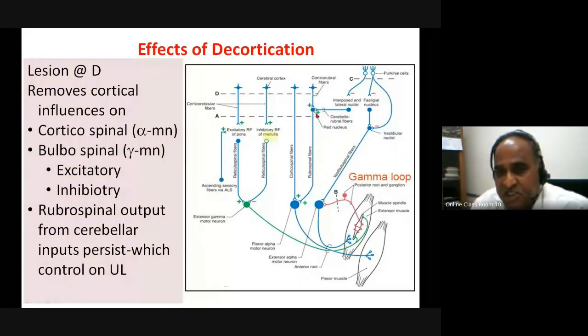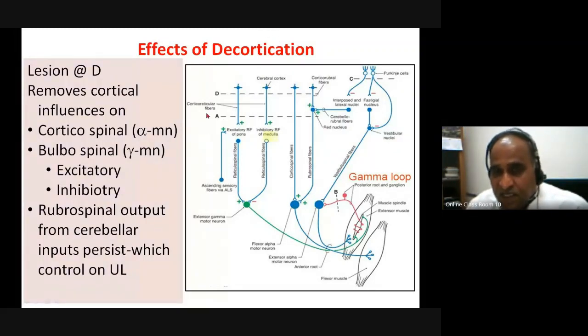They are excitatory. These drive the rubrospinal tract, and they act on the flexor group. That is why there is flexion of the upper limb in case of decortication.